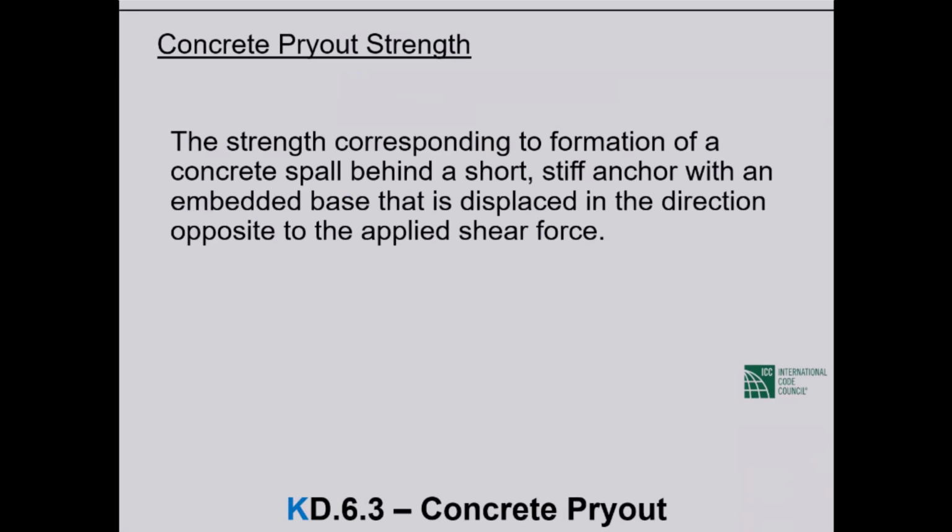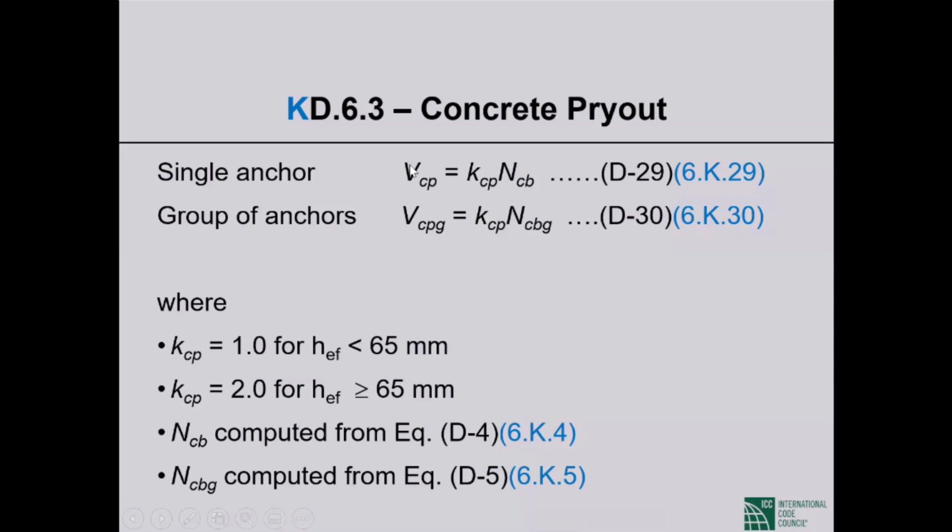So the pry out failure, single anchor shear strength corresponding to pry out failure is the breakout strength in tension. I want you to pay attention to this, times a constant. This constant is 1.0 for very shallow anchors, embedment depth less than 65 millimeters, and is equal to 2 when embedment depth is larger than 65 millimeters.